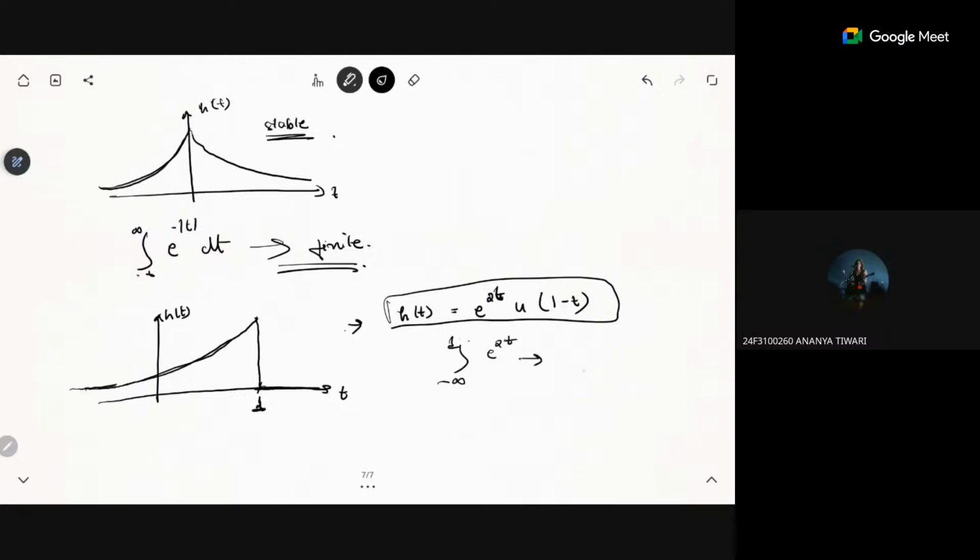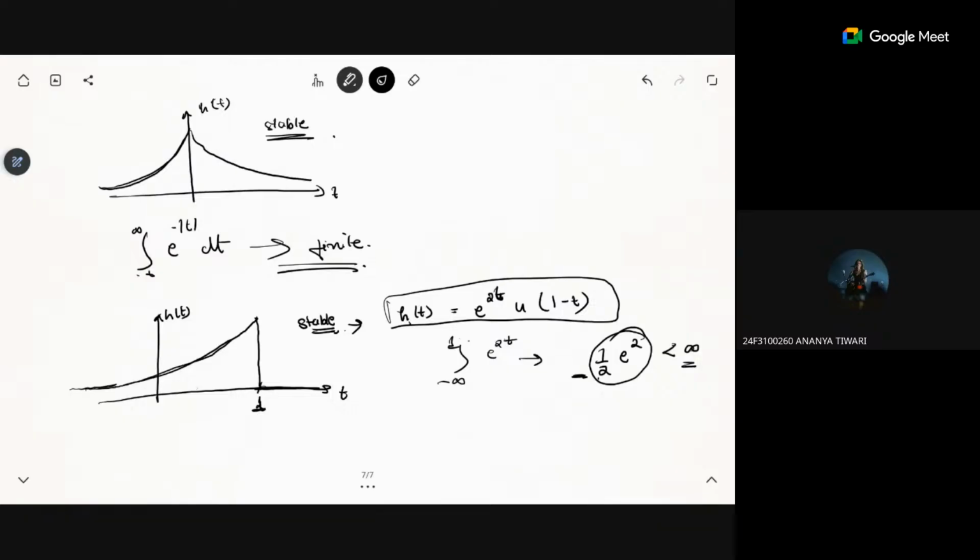When you integrate this, what will be the output? Half e to the power 2. This is some finite value which is less than infinity. So h(t) is converging, means it's finite, so the system is stable. Be very careful; you have to check whether it's stable or not.